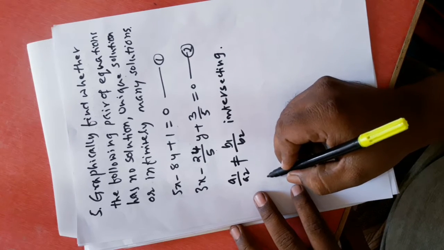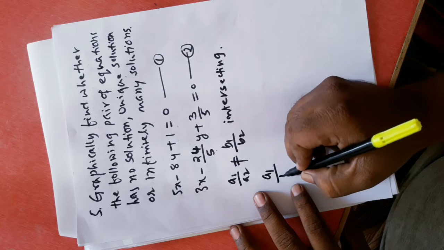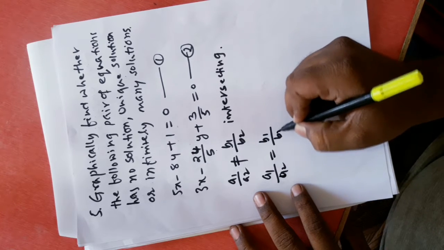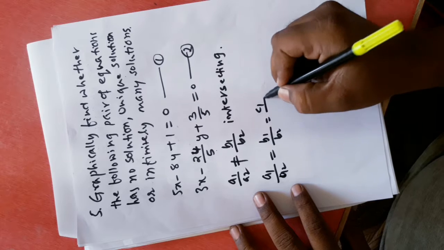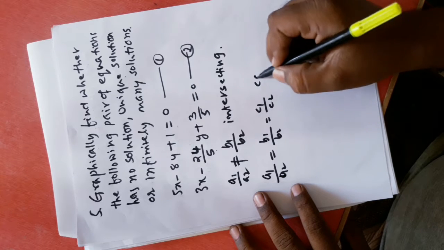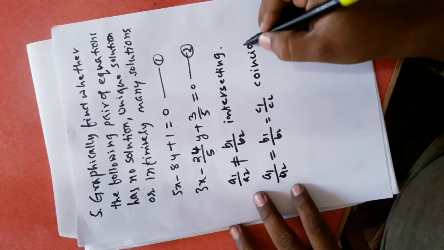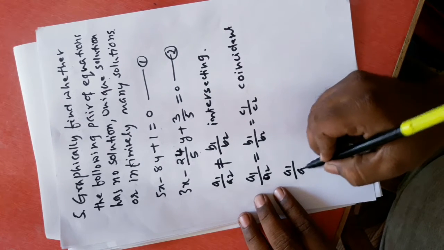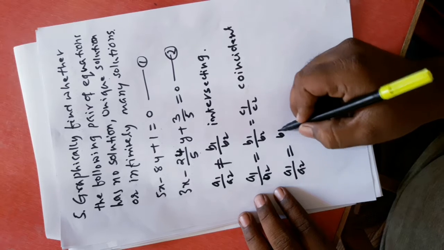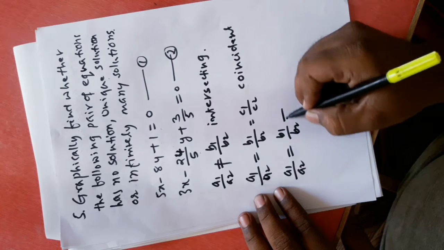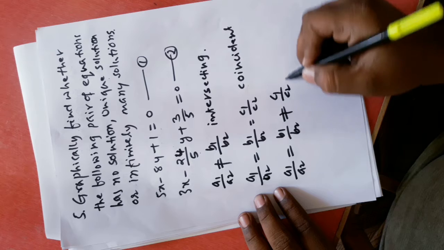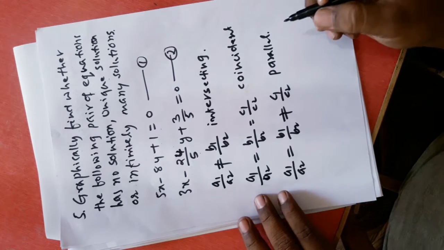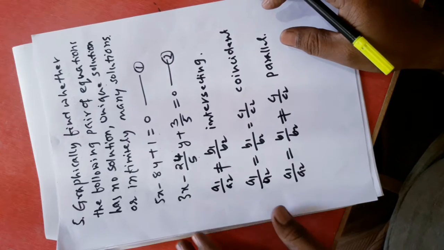If A1 by A2 is equal to B1 by B2 is equal to C1 by C2, the lines will be coincident. If A1 by A2 is equal to B1 by B2 is not equal to C1 by C2, the lines will be parallel to each other. These three conditions we have seen.